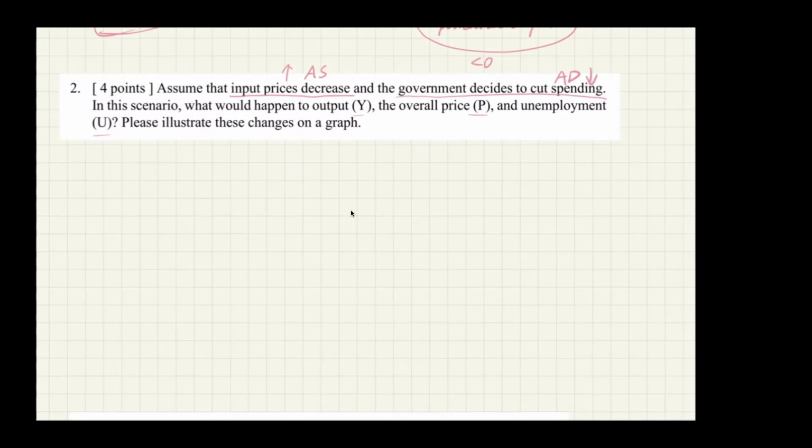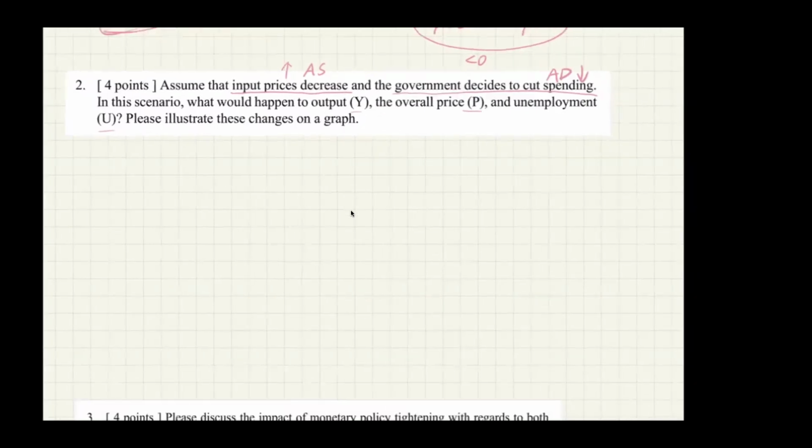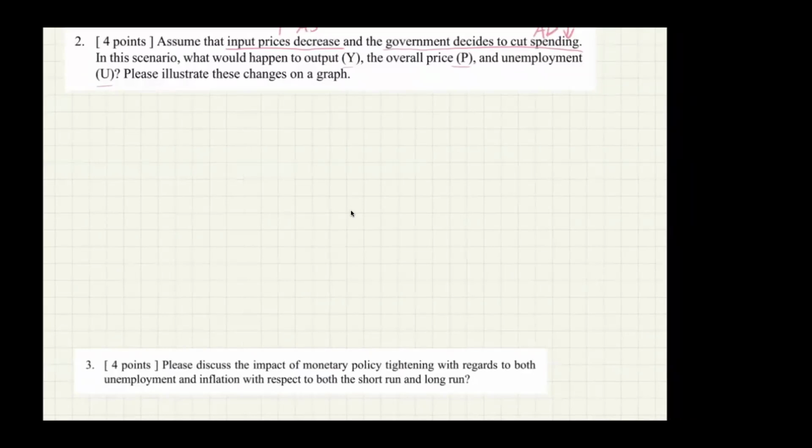So let's graph it, and then we can look at what would be the change. First, you need to draw the graph correctly. The x-axis is the quantity of output, and the y-axis is the price level.